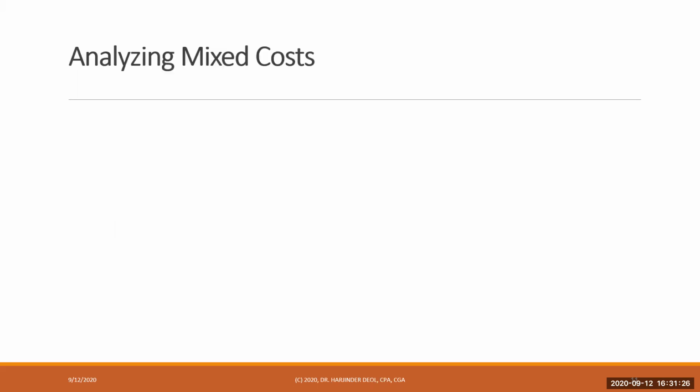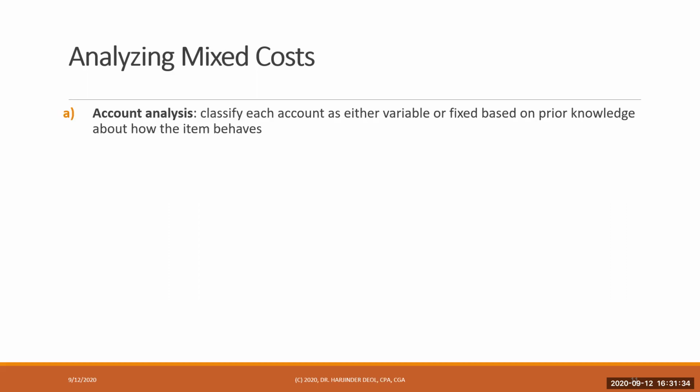To analyze mixed costs, we can use a variety of approaches. First up, we could use account analysis, where the accounting team would try to classify each account as either variable or fixed based on their knowledge about how the item behaves.